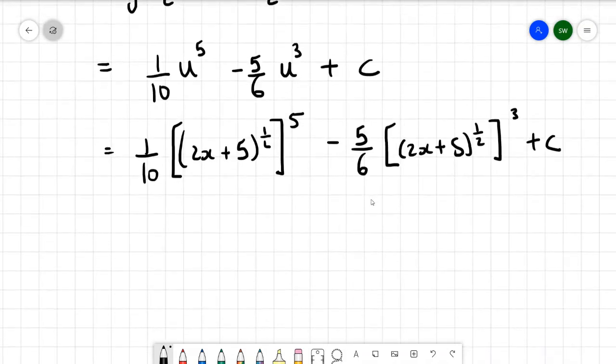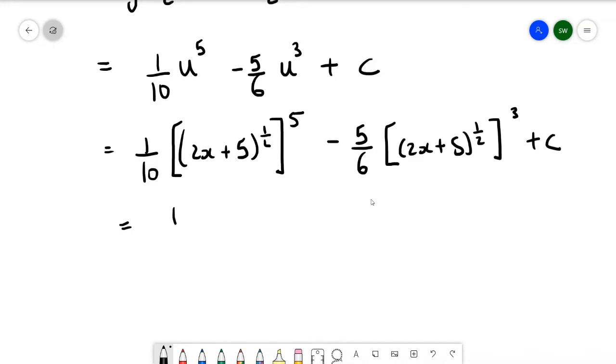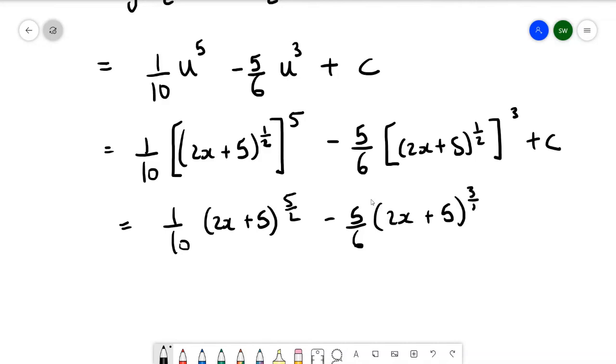And then finally, we can simplify this by using the power laws. We're going to do 5 times by a half to get 5 over 2, and then minus 5 over 6, 2 times by a half to get 3 over 2 as that power. And we get the same answer as before.